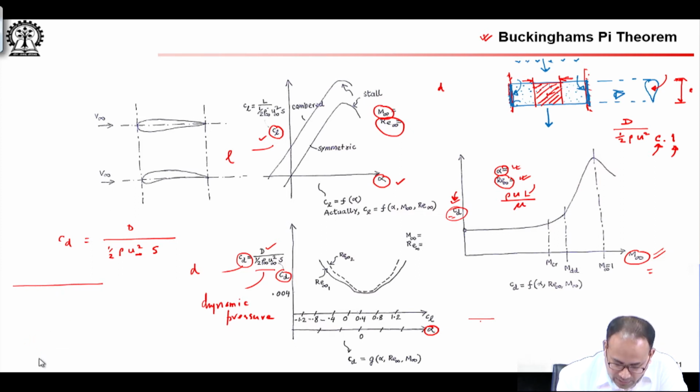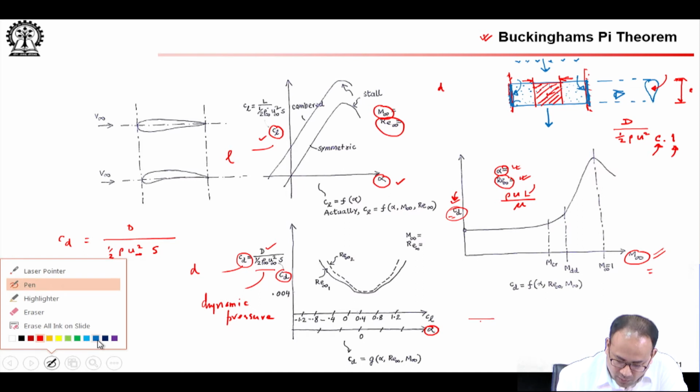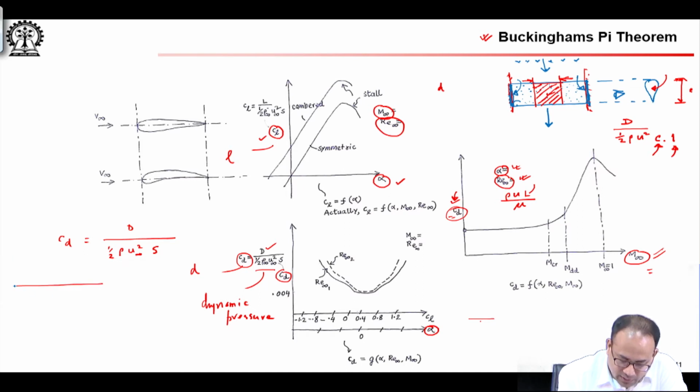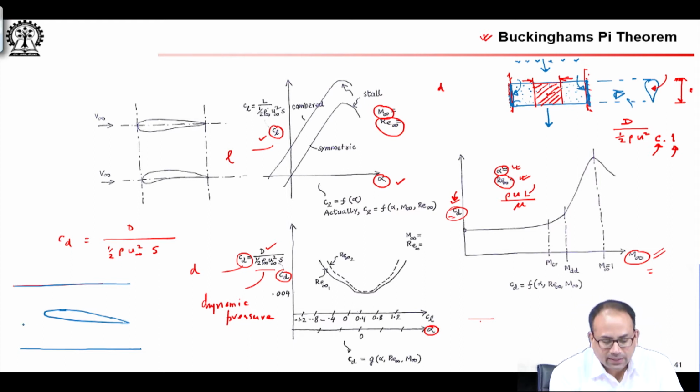Let me go back to blue because we were doing the wind tunnel viewing portion in blue. I am now showing you what I am seeing. You are seeing something like that.